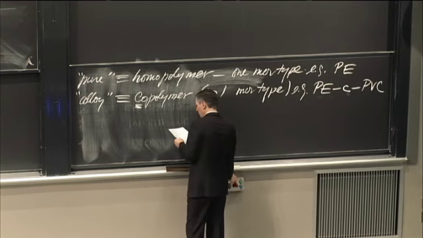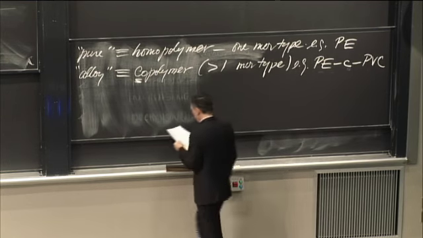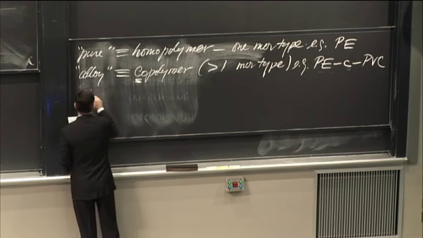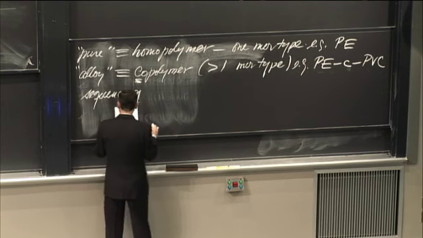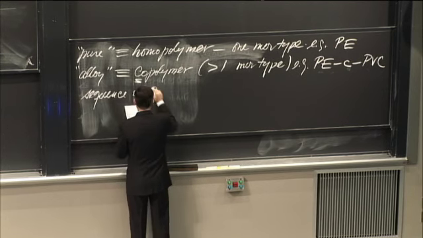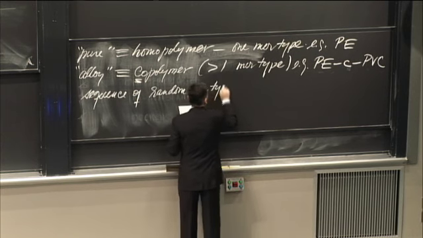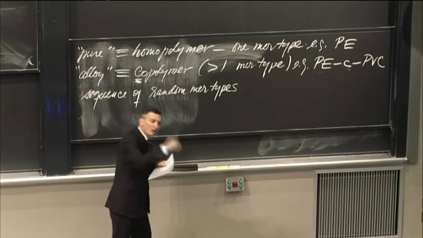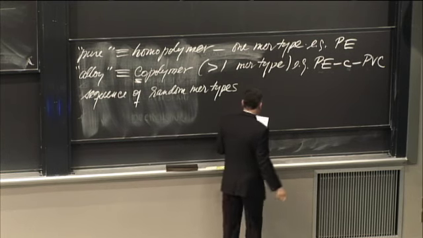And then we can start looking at the various ways of arranging these. So we can start with, for example, a sequence of random mer types. So as you're going down the chain, you get either an ethylene or a vinyl chloride.